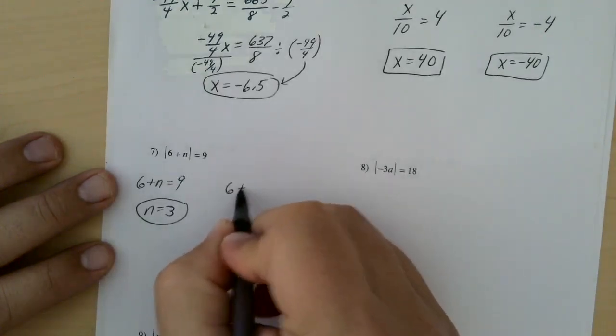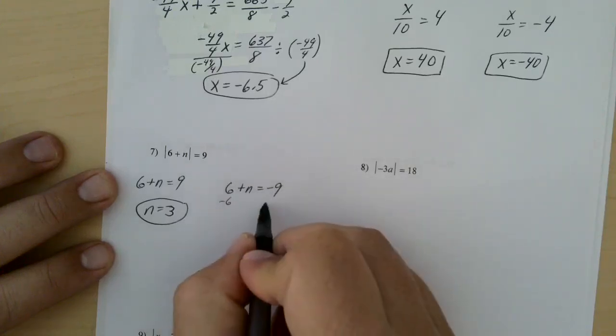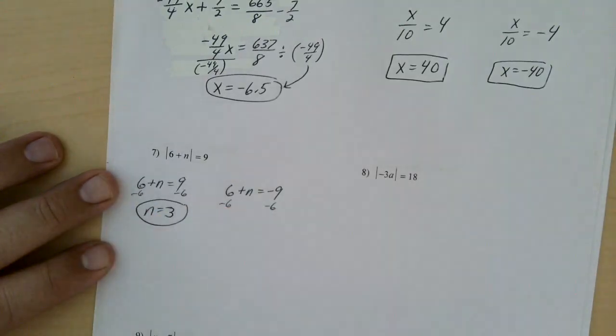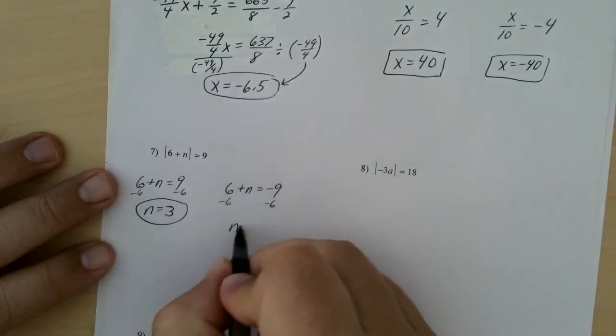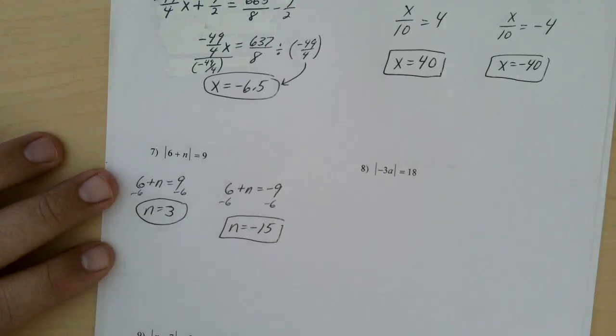But I can also find the distance to -9. Okay, so I still subtract 6. So just like we did over here, I didn't show this, but we subtract 6 on both sides. Here, though, it's going to result in a -15. Okay, so just make sure you have both a 3 and -15 as your answers.